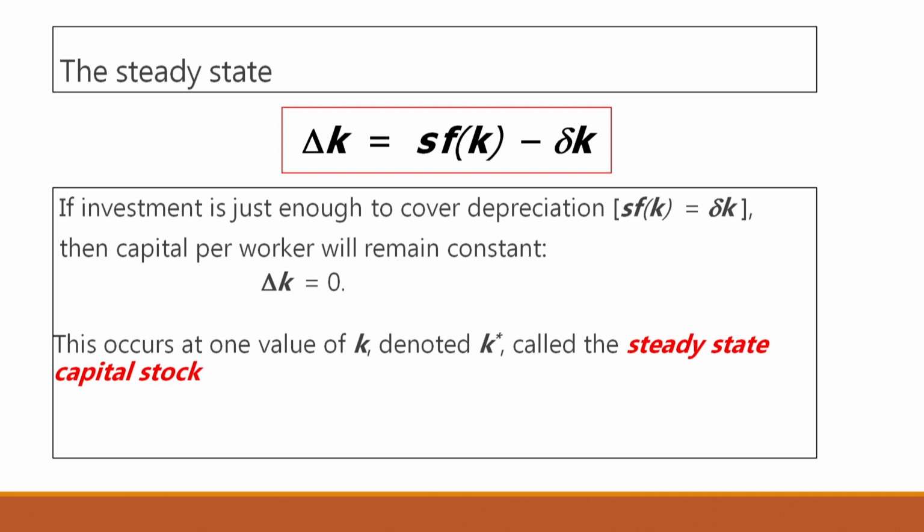So, what we have is s f(k) is equal to delta k. How are we going to solve that? So, delta, that is the depreciation rate, is exogenous, that value is given to us. Small s, that is the saving rate, is also exogenous, that value is also given to us. f(k), that is the production function that has been converted to per capita terms, and we have k.